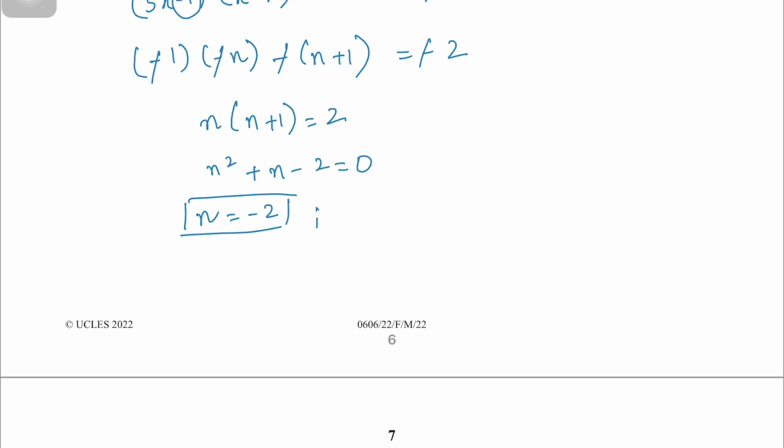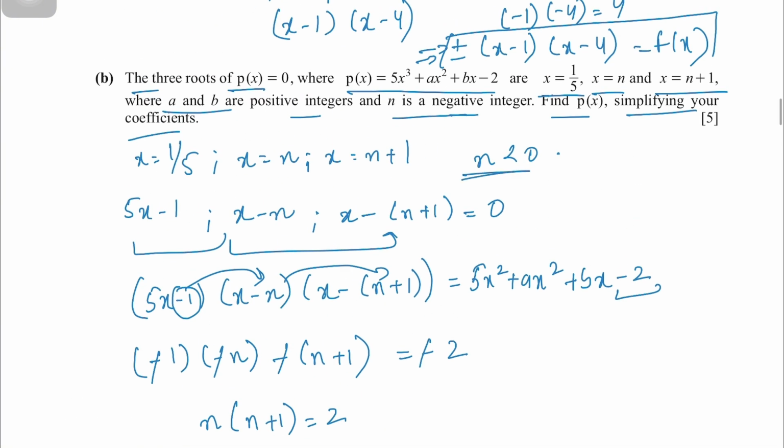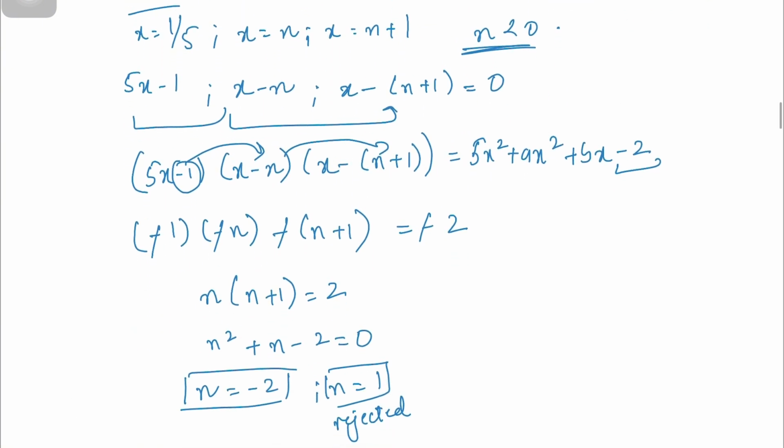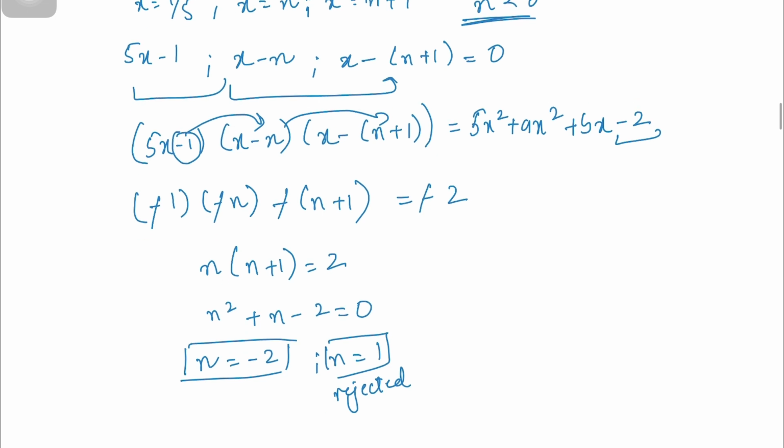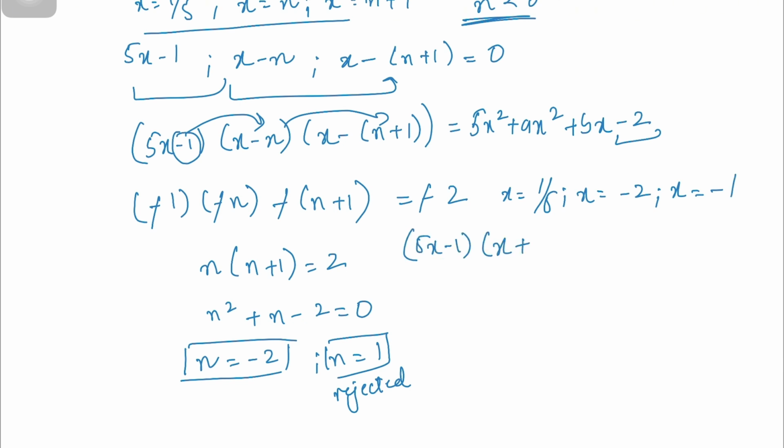So our positive answer was 1, and this would be rejected since n was less than 0 previously. Now moving on, I'm writing this again, x equals 1 over 5, x equals negative 2, and x equals negative 1. So we can write p of x as (5x minus 1)(x plus 2)(x plus 1).